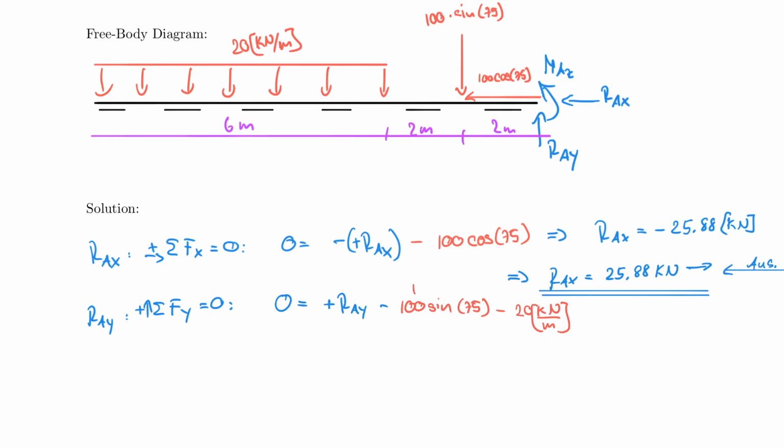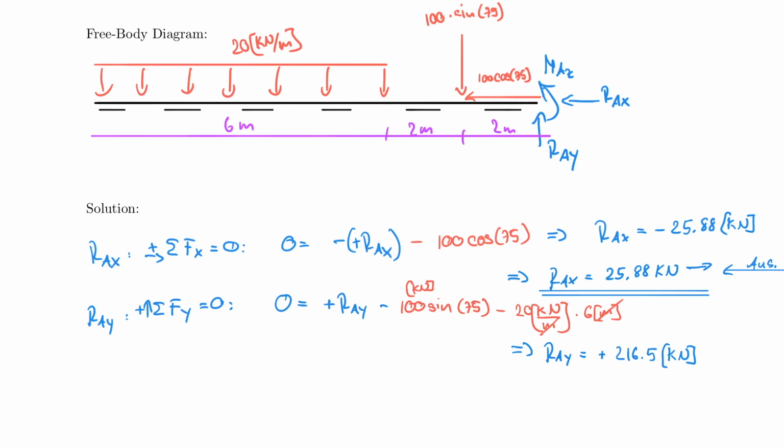And by the way, this is also in kilonewton. 20 kilonewton per meter times 6 meters. And notice that this completes it already because this crosses out. And now I already have the right unit. And what I will find if I solve this is that RAY is equal to positive 216.5 kilonewton.